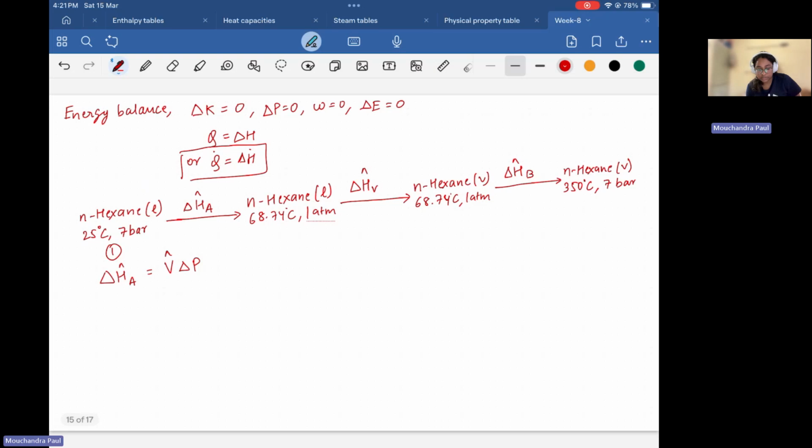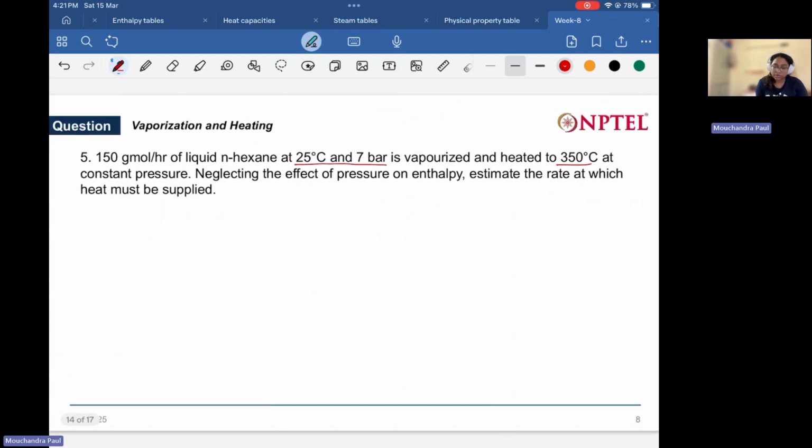This pressure is getting changed from 1 bar to 7 bar. We have to consider that term, as well as we are given some volume as well.